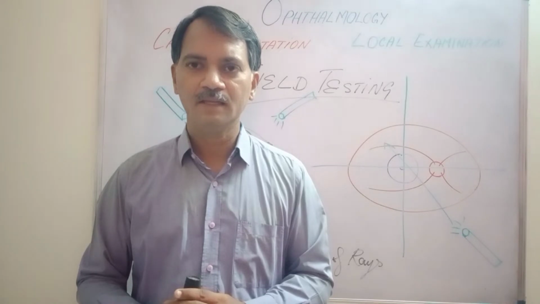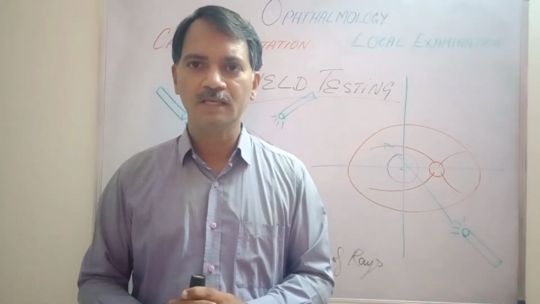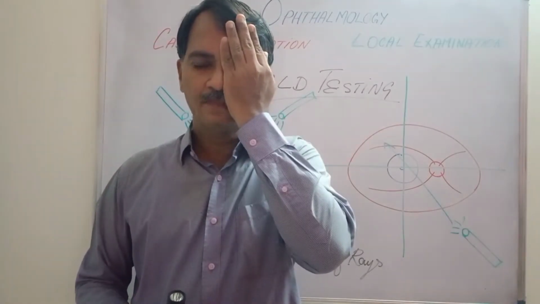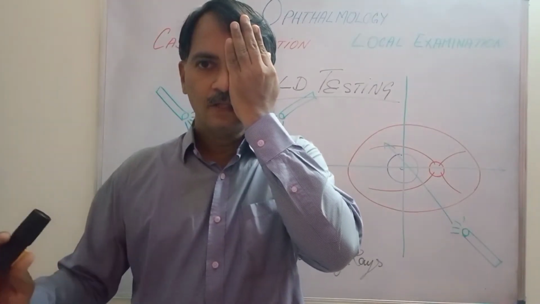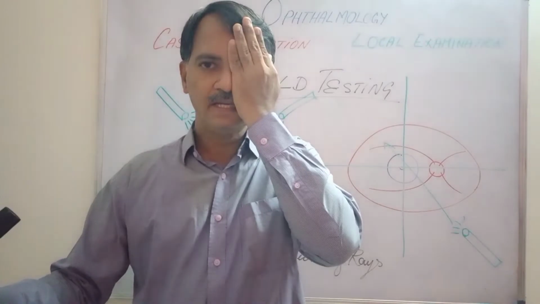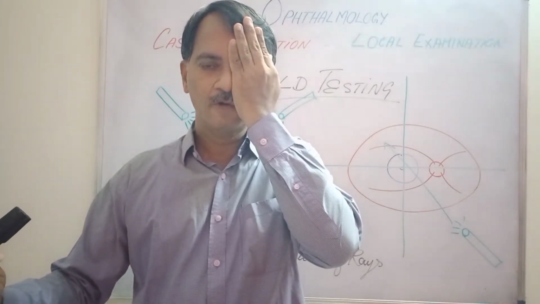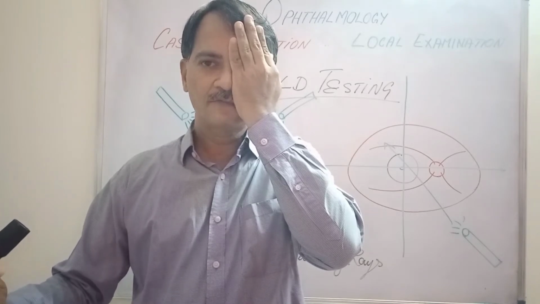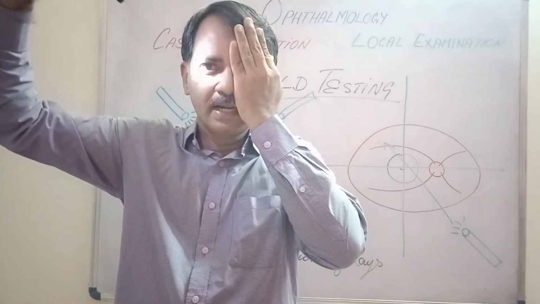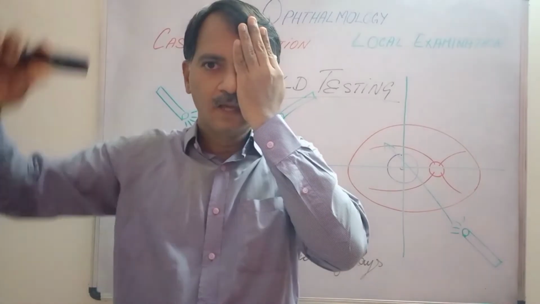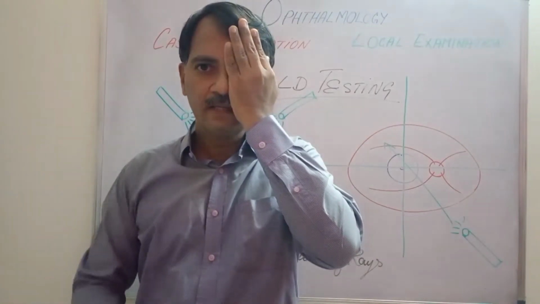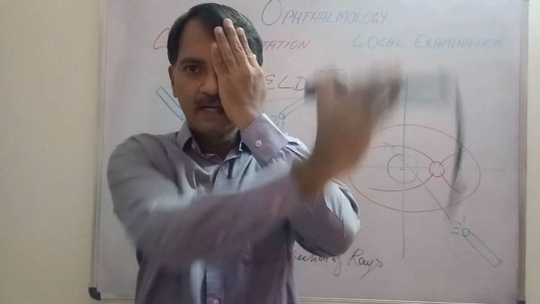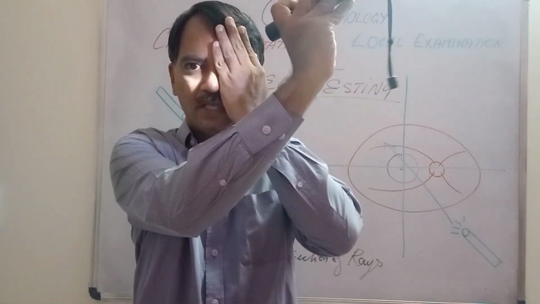Now let me describe how to do the projection of rays testing. One eye of the patient has to be closed and you have to put the torchlight into the patient's eye from 4 directions. 4 directions means it is from upper lateral into the eye, lower lateral into the eye, lower nasal into the eye, and upper nasal into the eye.